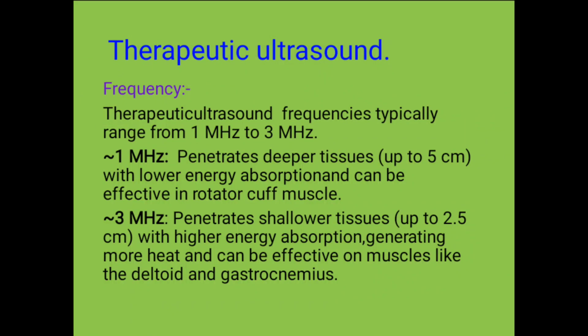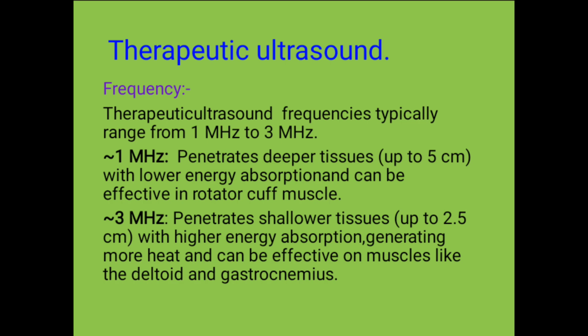So here we have the frequency, or else the frequencies used for ultrasound. So what are the frequencies? In therapeutic ultrasound, these frequencies range between 1 megahertz to 3 megahertz, and we need to know what is the work of this 1 megahertz frequency, or else when is it being used, and what about this 3 megahertz?